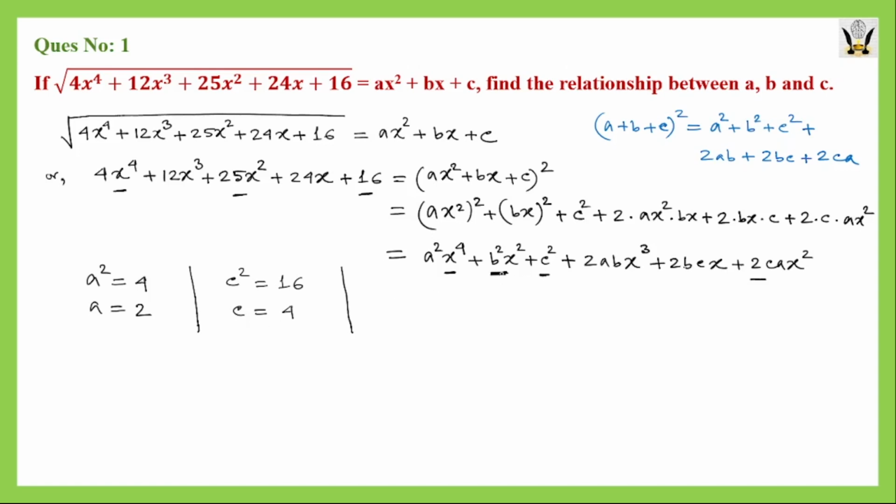and for that we can choose the b square x square term, and we have another x square term 2ca, and from the left side we have only one x square term, and the coefficient is 25. So we can equate the coefficient. From the right side it will be b square plus 2ca, and that will be equal to 25.